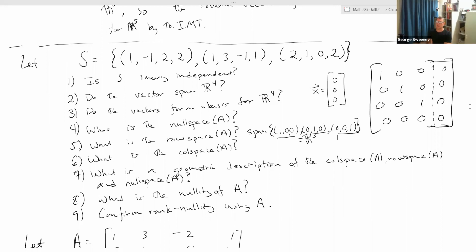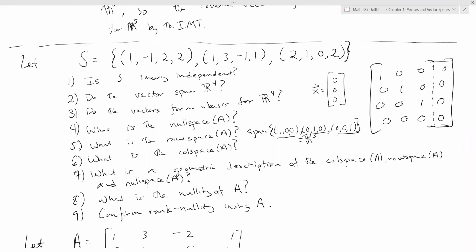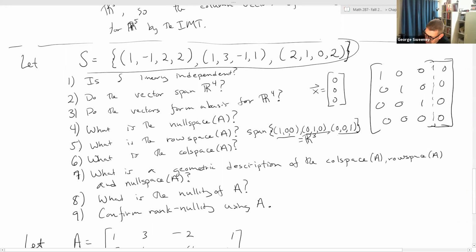Now, what is a geometric description of that column space? How do we describe that geometrically, Phung? There's the column space. That's the basis for the column space. We've got a pivot in every single one of the columns.